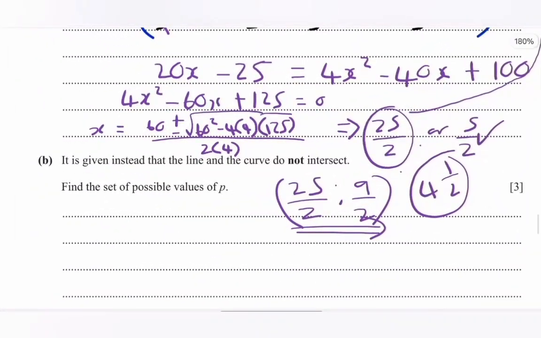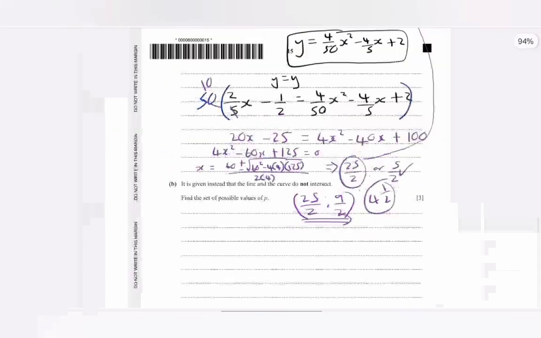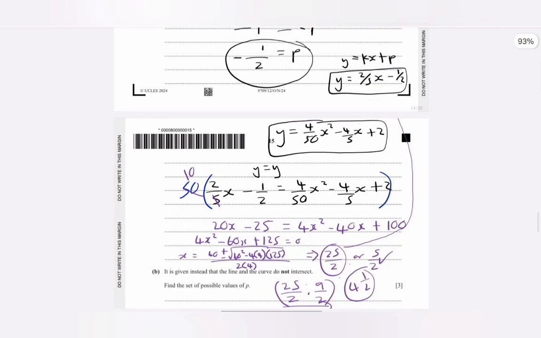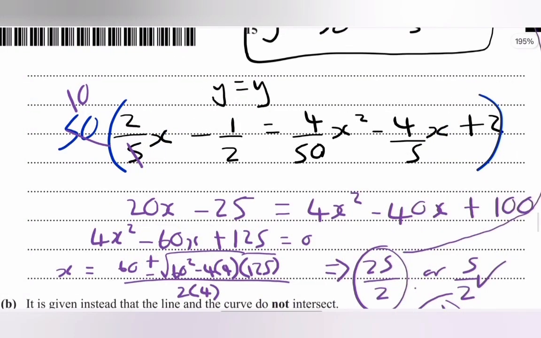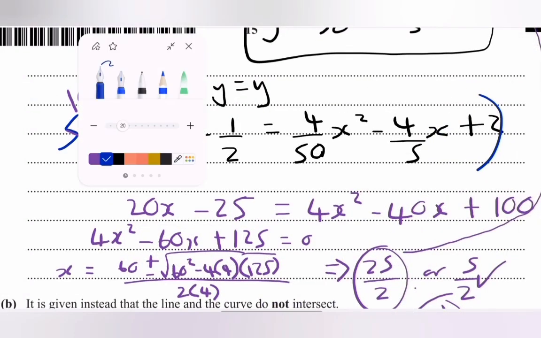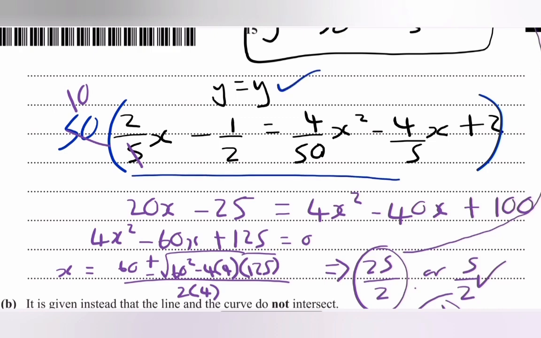Alright, and part B, saying it is given instead that the line and the curve do not intersect. Then it says find the set of possible values of p. And for that, we use this, because we would first equate them like what we did here and get to this point.